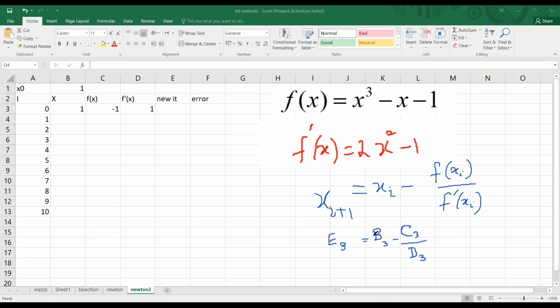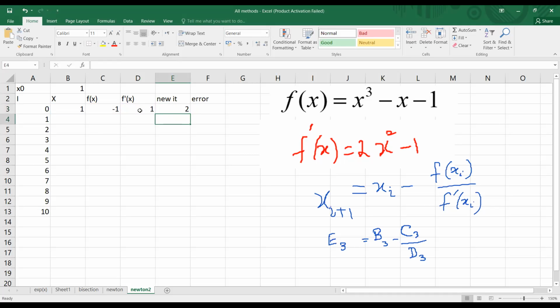So I'm just typing this formula in the next column, column E3. Here we have B3 minus, in the bracket, C3 divided by D3, bracket closed.